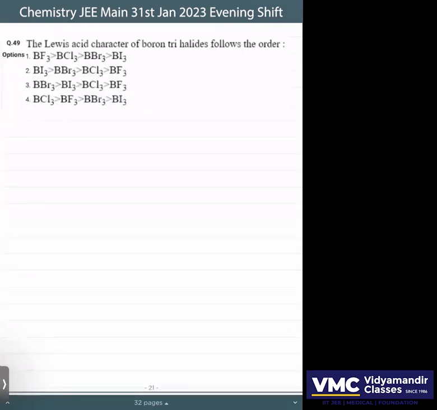Next question. The Lewis acidic character of boron trihalides follows the order. We have to compare BF3, BCl3, BBr3, and BI3. For comparing the Lewis acidic order of these boron trihalides, we'll first of all see the order of extent of back bonding.